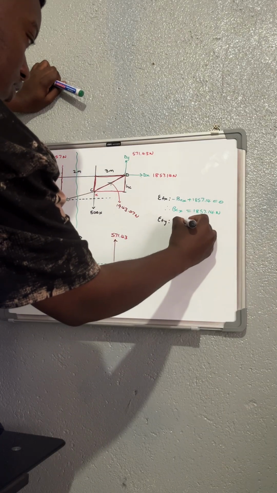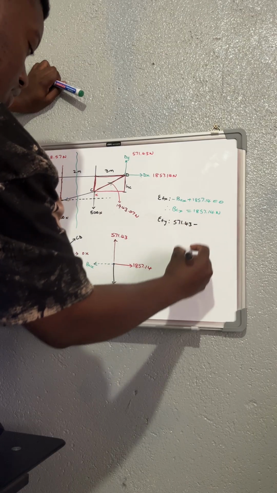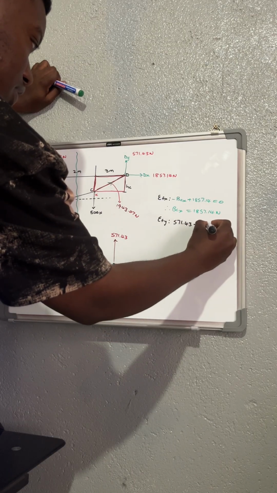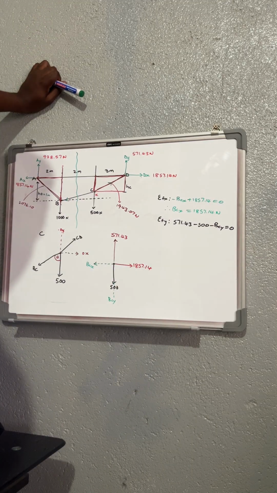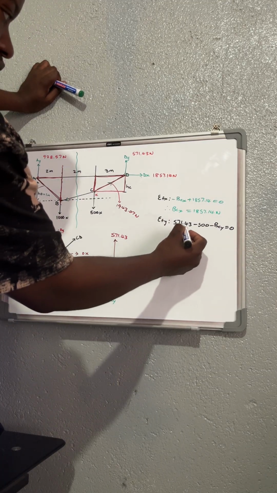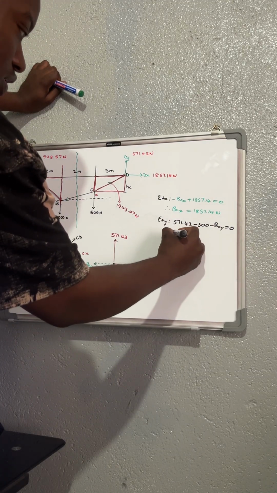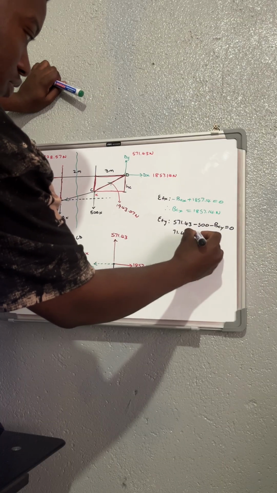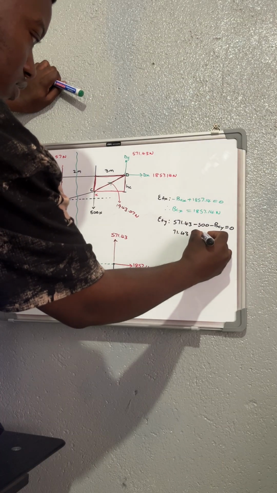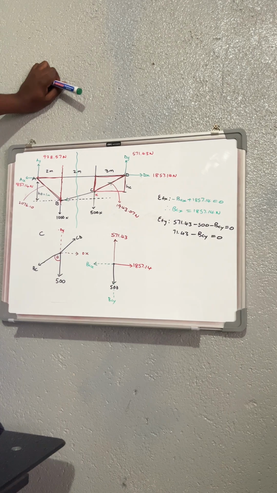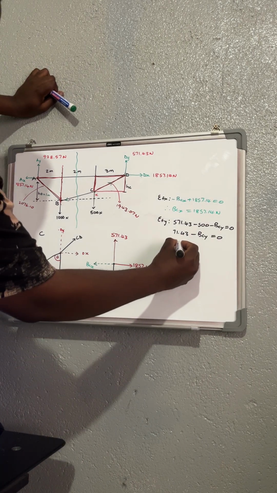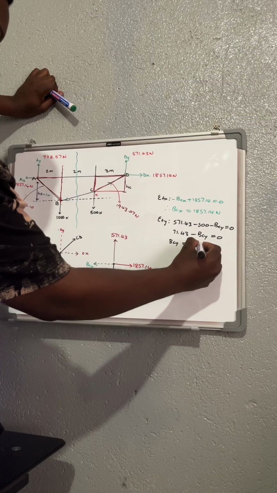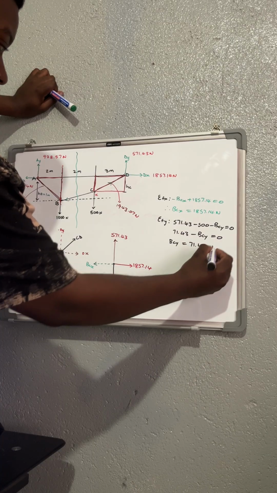You will say 571.43 minus your 500 minus your BCY will be equal to 0. This 571.43 minus 500 gives 71.43 minus BCY equals 0. Then you can conclude that your BCY is equal to 71.43 Newton.